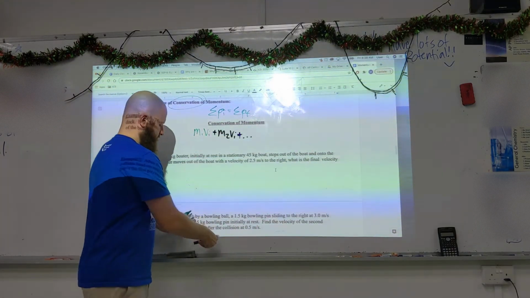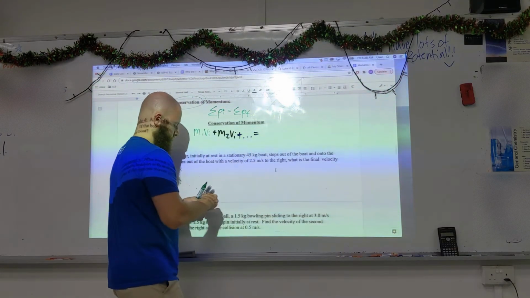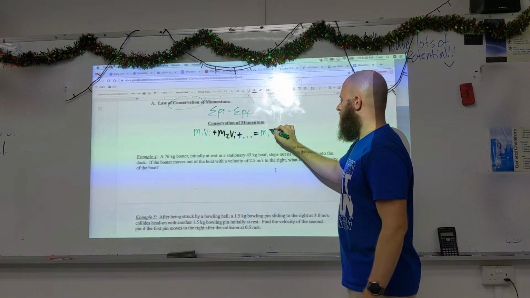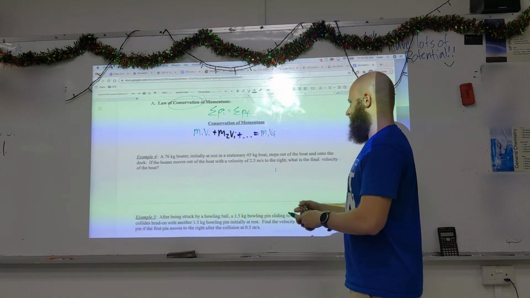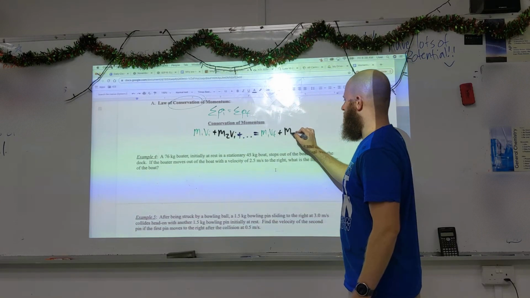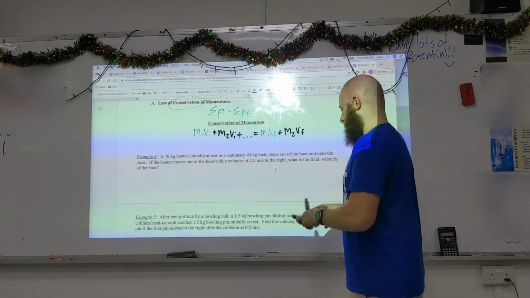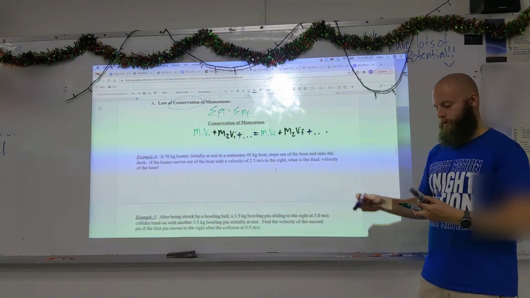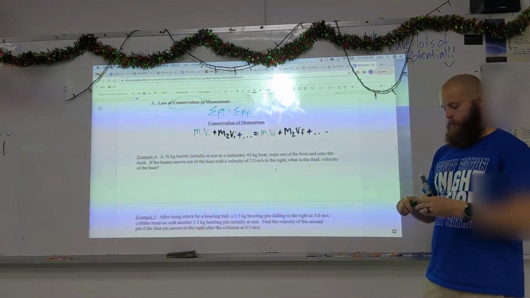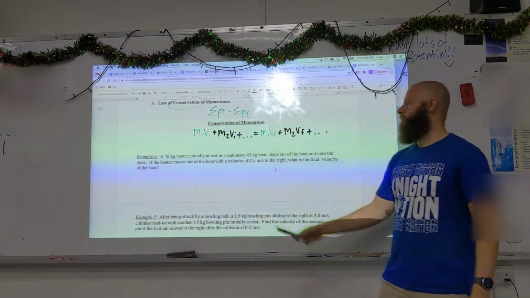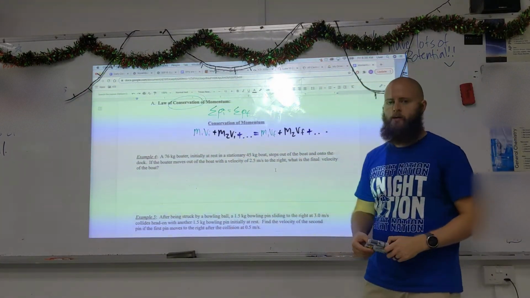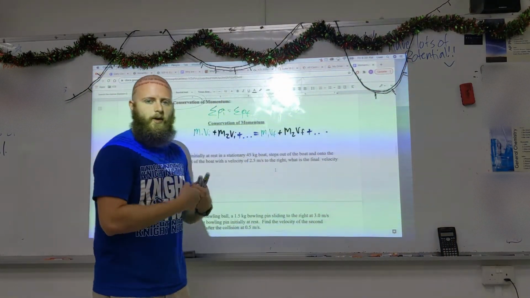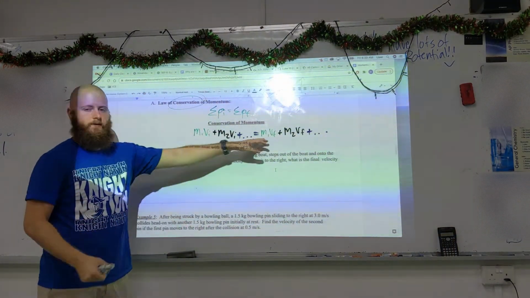This is going to be equal to m1 vf plus m2 vf plus dot dot dot, in case I have more objects. Usually you only need to worry about 2 objects at a time. So just 1, 2, 1, 2. So how much ever momentum you have isn't going to change throughout this problem.